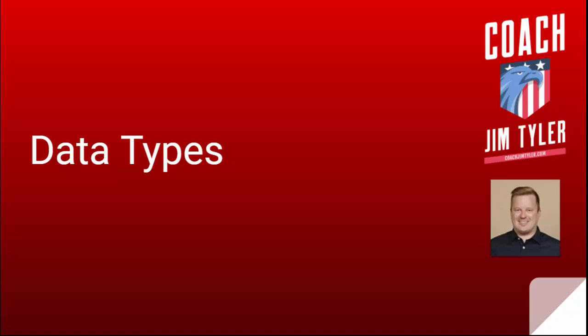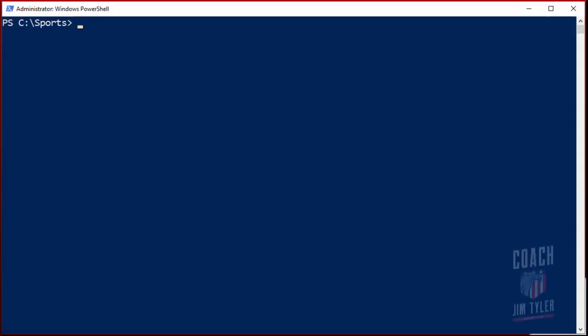Now, to demonstrate how easy it is to change the type of a variable, let's work with a variable called var1. I'm going to go ahead and open up PowerShell, and let's set var1 equal to lions, a string. Now let's set it to be equal to 2, an integer. Now let's set it to be equal to 2.1, which is a floating point.